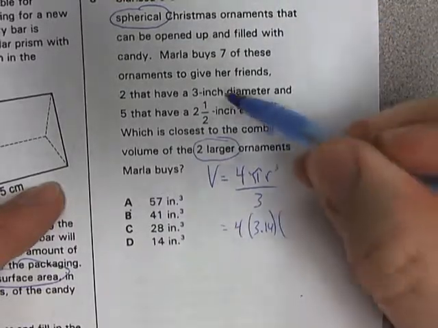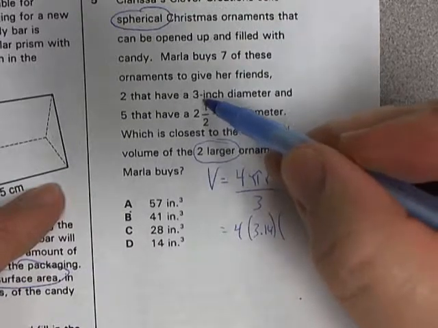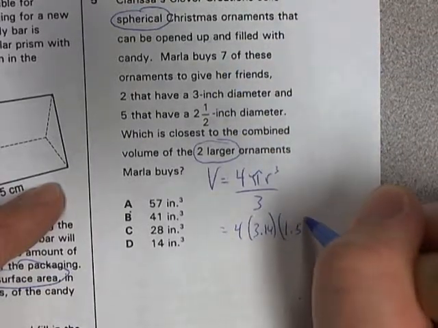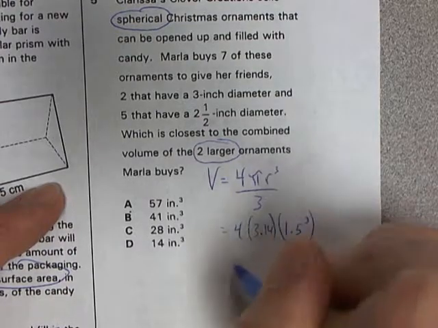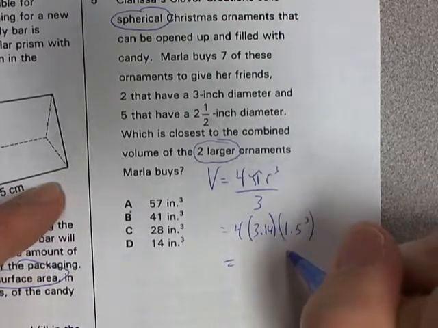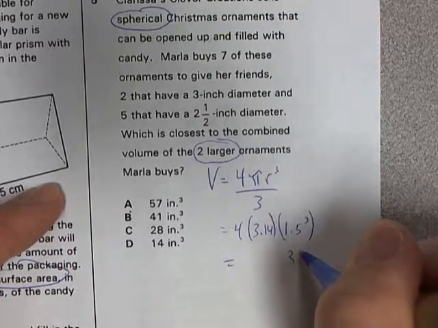The radius, now the radius is not 3, that's the diameter. So the radius has to be half of 3, which is 1.5. So we're going to cube 1.5 and not 3. So let's calculate what 1.5 cubed is. 1.5 times 1.5 times 1.5 equals 3.375.